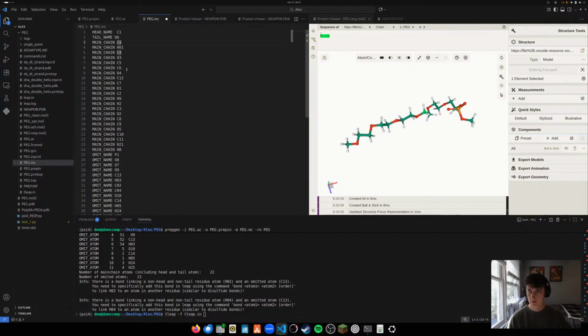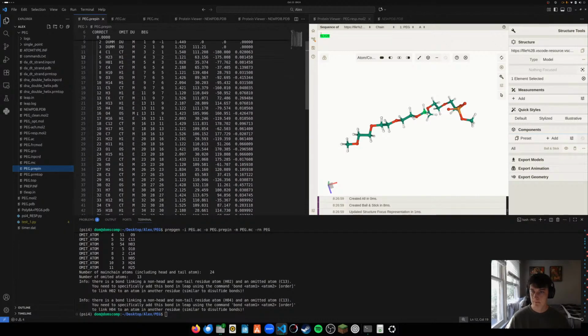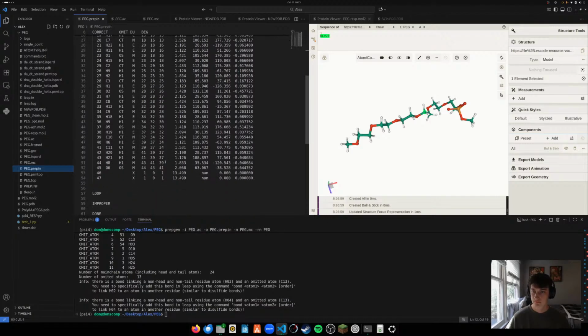BHO1. Then H23. What does that look like now? Got rid of the X's up there. That's encouraging.